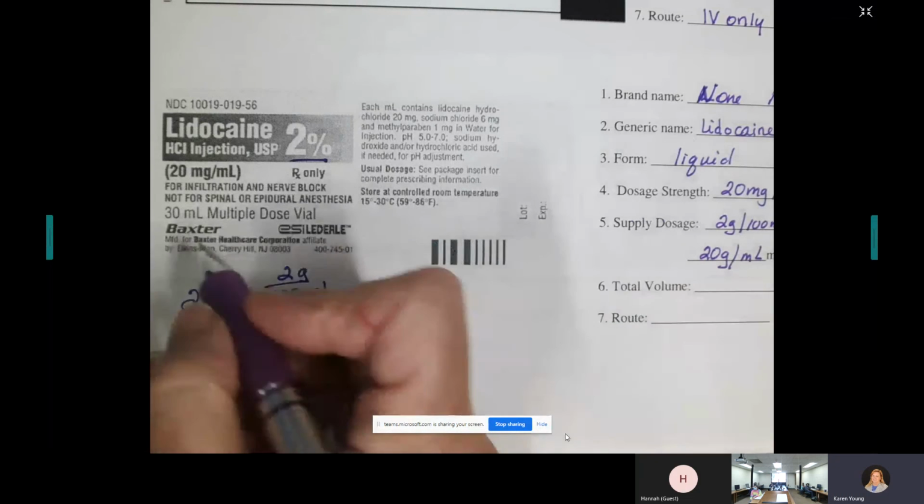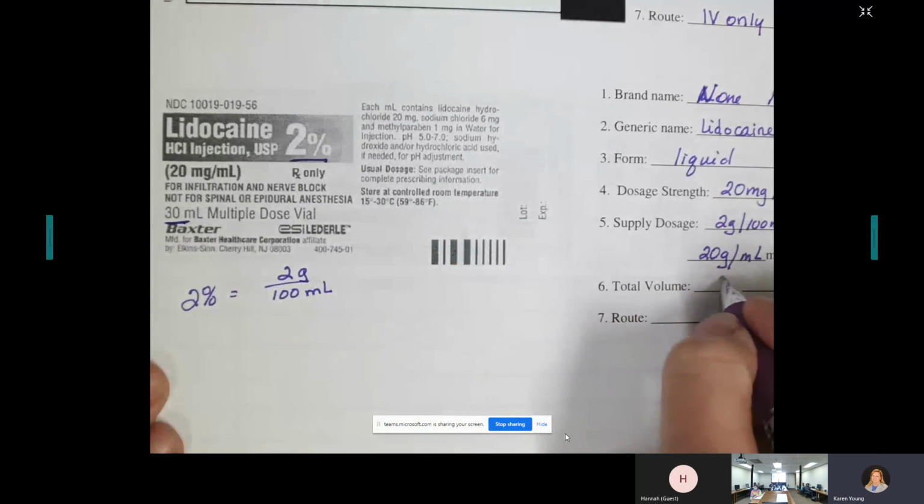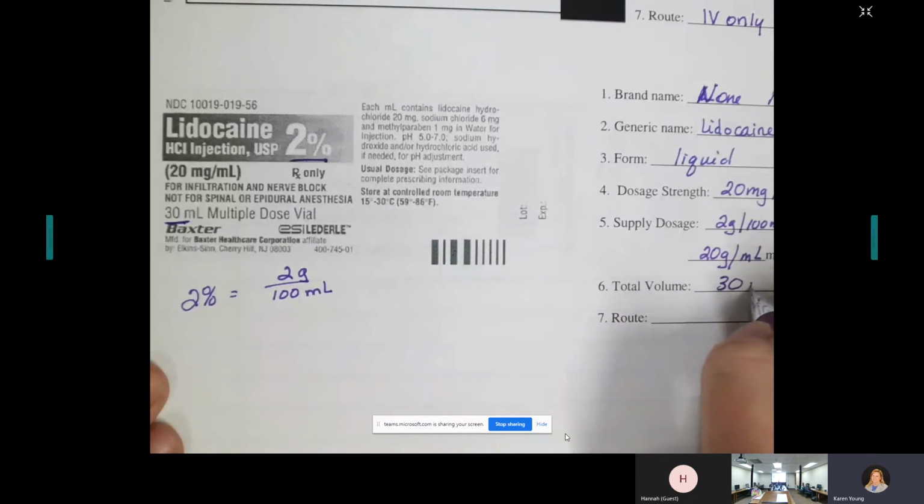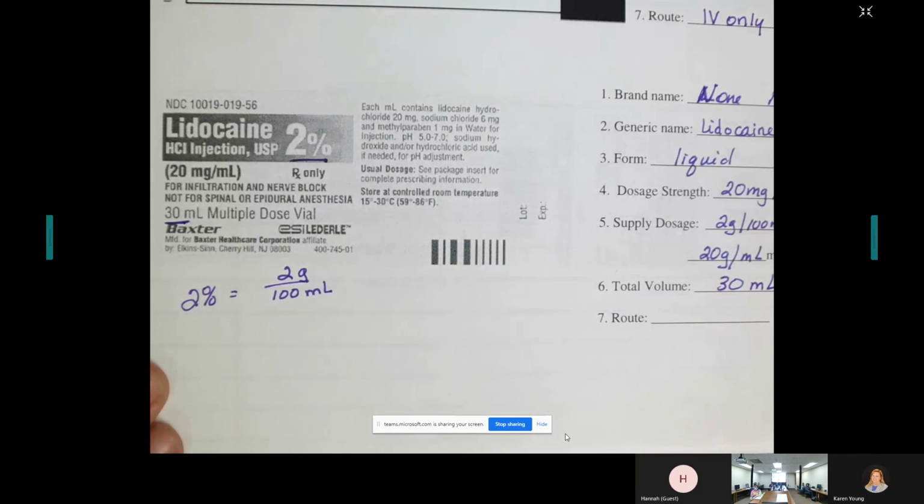The total volume tells me that it's a 30 milliliter multi-dose. So my total volume is 30 milliliters.